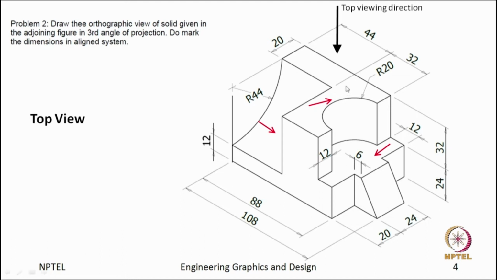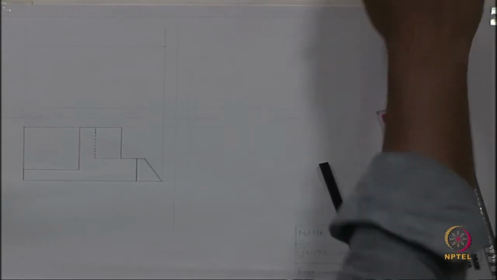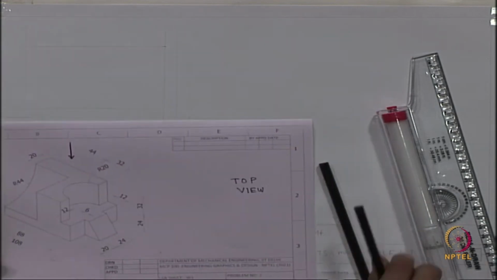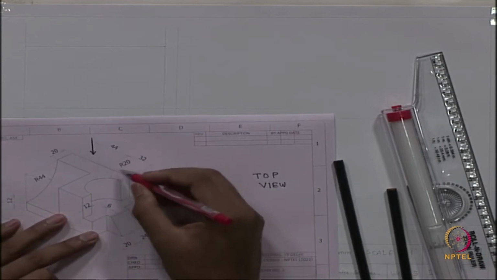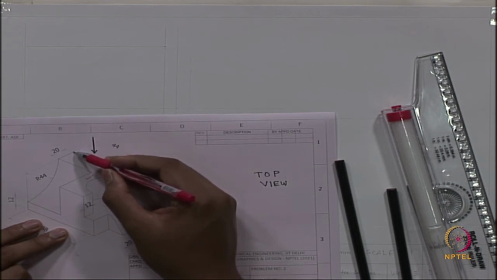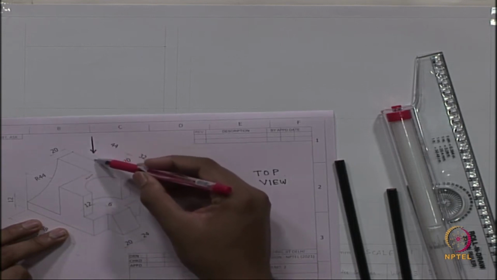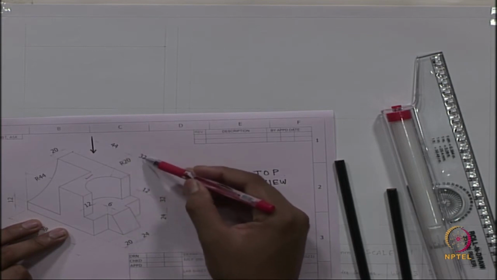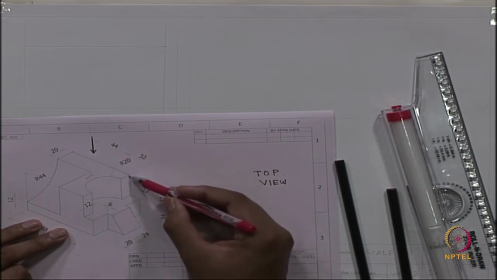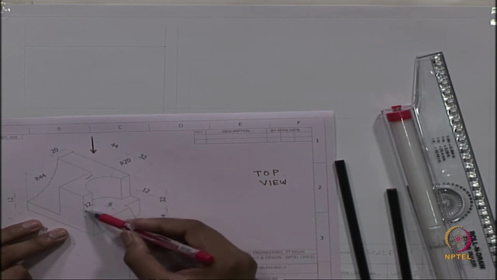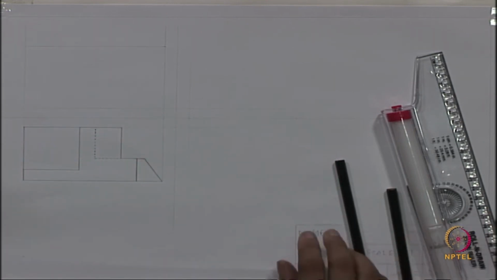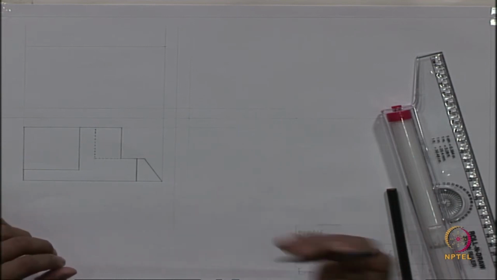First we will start with this top surface. This is the first surface we will be drawing. We will start from the left top corner, and we have to come this much length 44 plus 32, a length of 76, then this length 12, this has a distance of 12. First we will do that. Drawing again with 2H pencil.